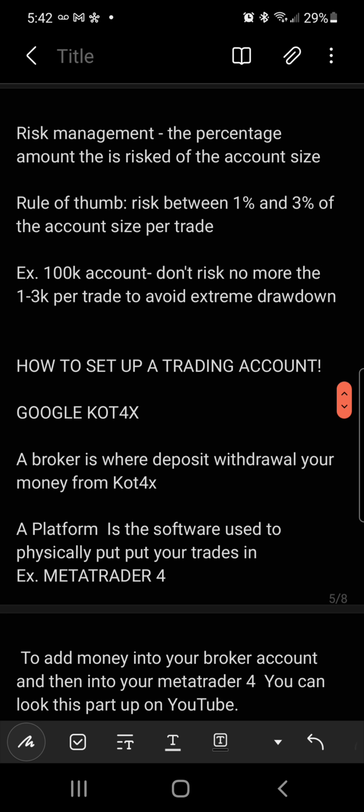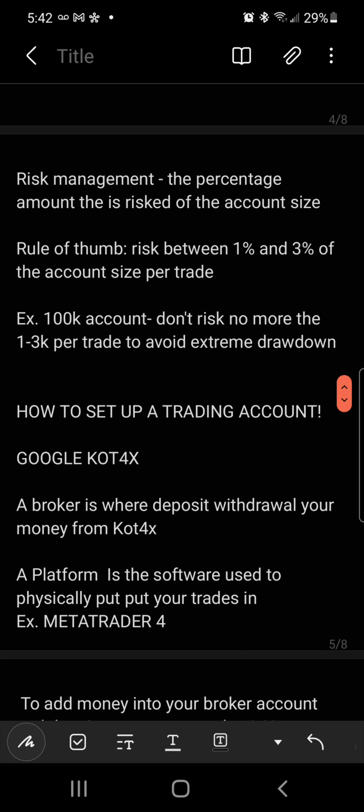All right, let's continue. Risk management. We're going to love this one. Risk management is the percentage of the amount risked of the account size. So rule of thumb, risk should be between 1 and 3% of the account size per trade. So the bigger the account size, the more you will be able to risk.